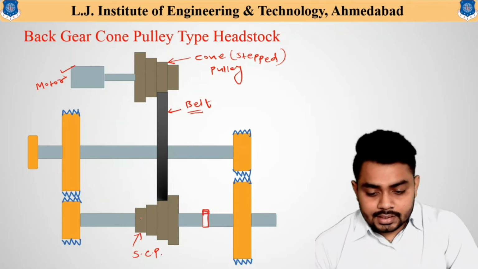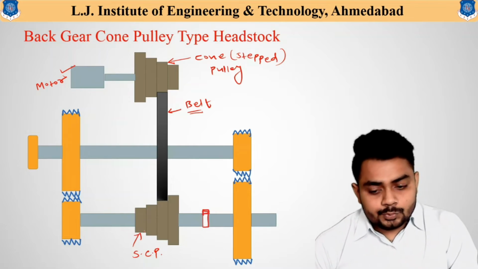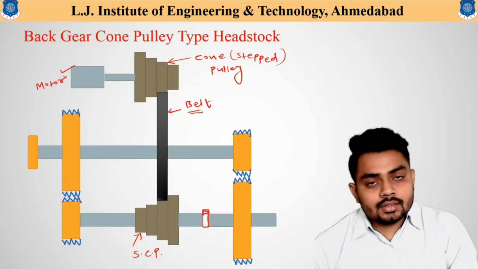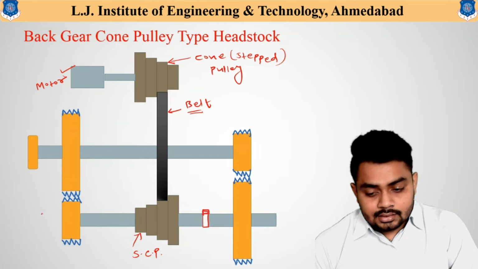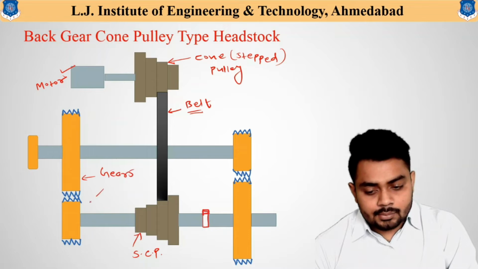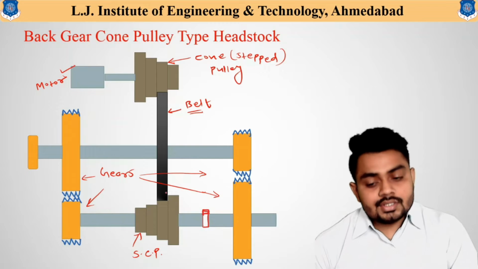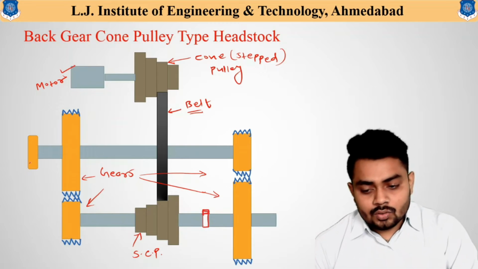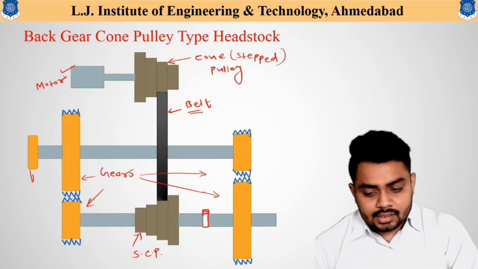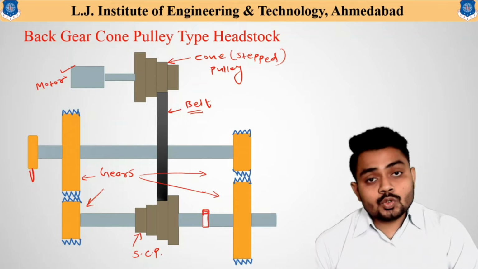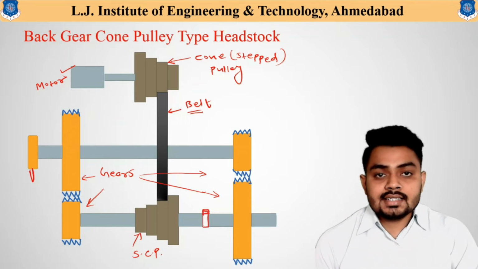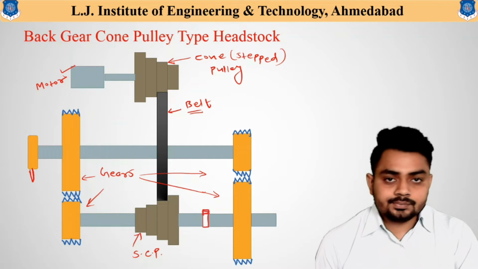The next one: with this step cone pulley there are different gears attached in this arrangement, and these are the different gears available with a specific arrangement. So these are the gears, and over here a lever arrangement is provided for engagement and disengagement of the gears.